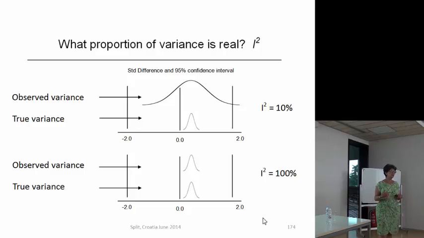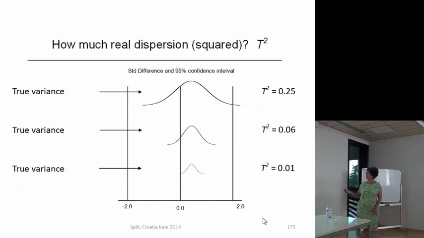So paradoxically, it can look like you have less true variation in a study with a lot of sampling error variance than if you had been able to do the same studies with bigger sample sizes, and then you would see that the noise of sampling error doesn't get in the way of your ability to see the true between study variation. Okay?